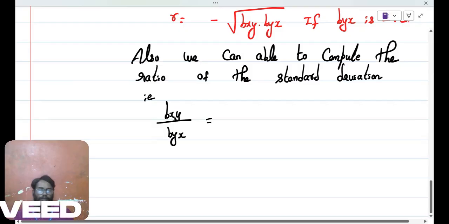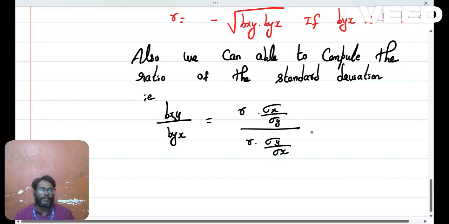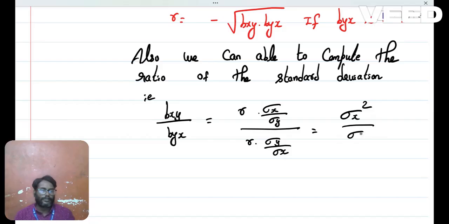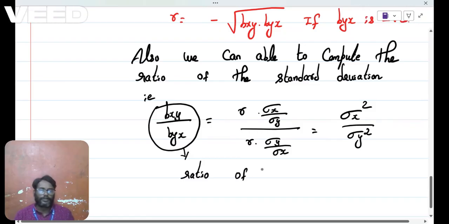This ratio will be r into sigma x divided by sigma y, divided by r into sigma y divided by sigma x. Here r will be cancelled. You will get sigma x square divided by sigma y square. So this is nothing but the ratio of the variances. The square root will give you the ratio of the standard deviations.